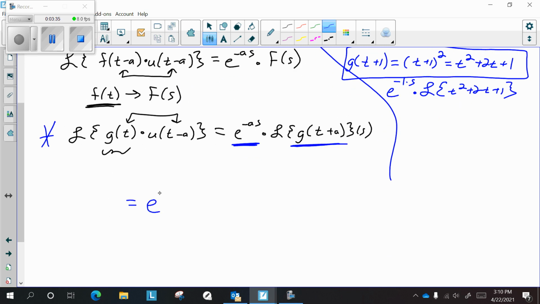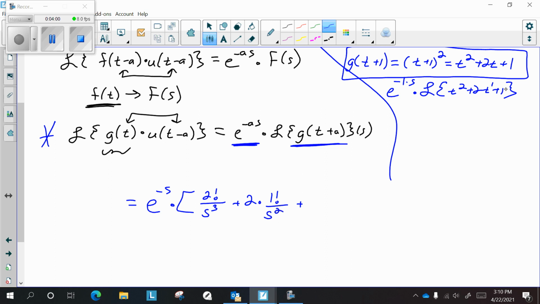So what we're going to get, we're going to get e to the negative s times, when we transform t squared, that's going to be 2 factorial over s to the 1 greater power. When we transform the next one, we have 2 as a coefficient. That's going to be 1 factorial over s to the 1 greater power.